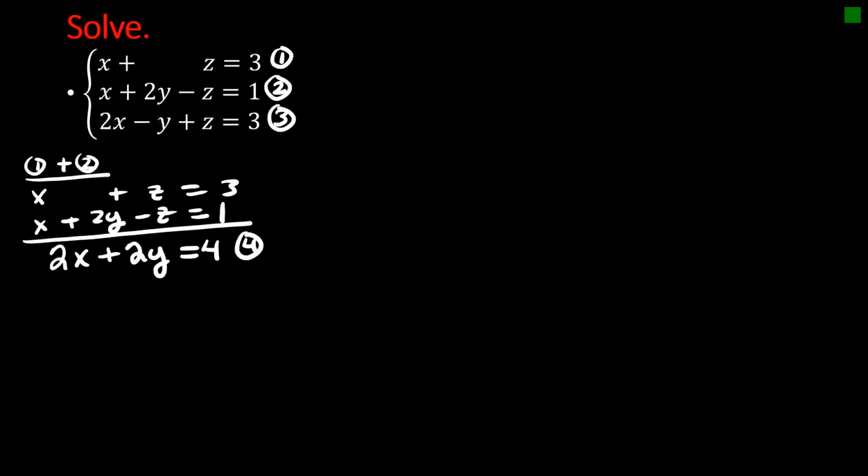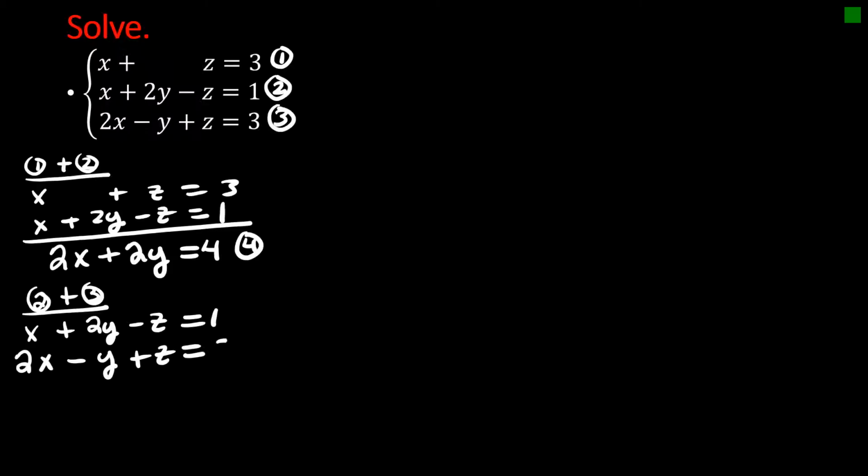Now, if I add equations 2 and 3 together, my z will go away. So I have x plus 2y minus z equals 1. And 2x minus y plus z equals 3. So when I add that together, I have 3x plus y equals 4. And that's my equation 5.